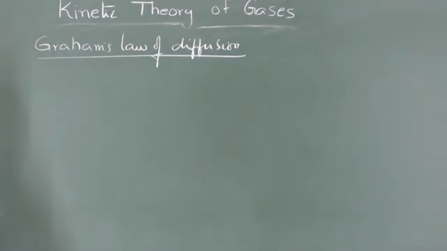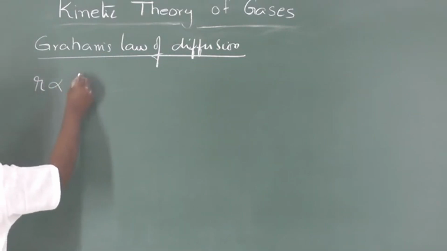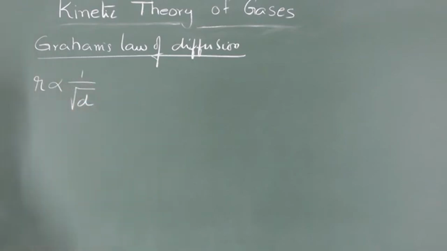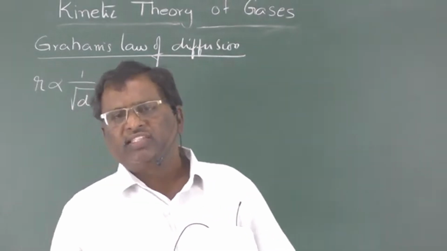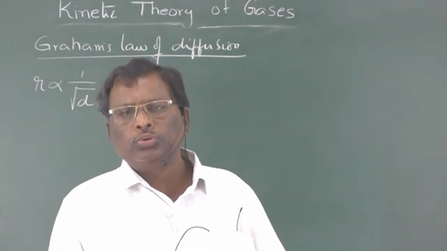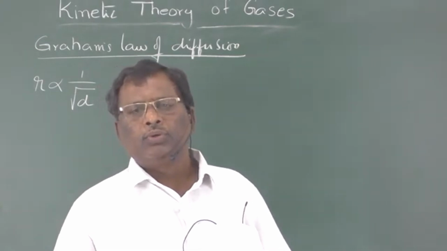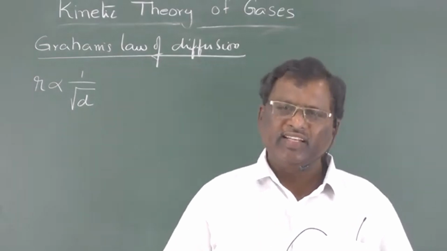According to Graham's law of diffusion, at constant temperature and pressure, the rate of diffusion of a given mass of gas is directly proportional to 1 by root d. That means the rate of diffusion of a given gas is directly proportional to the inverse of the square root of its density.